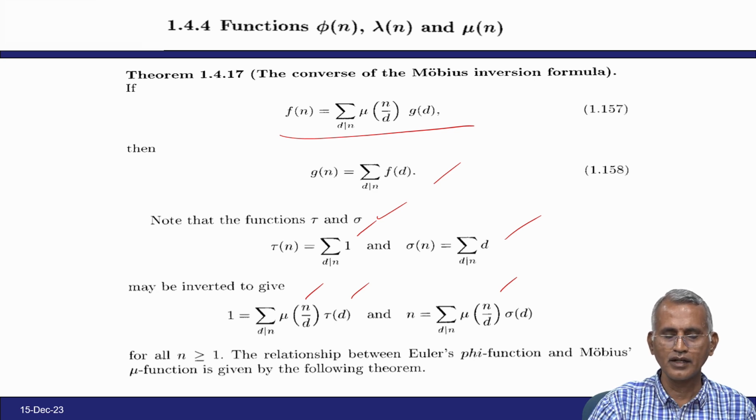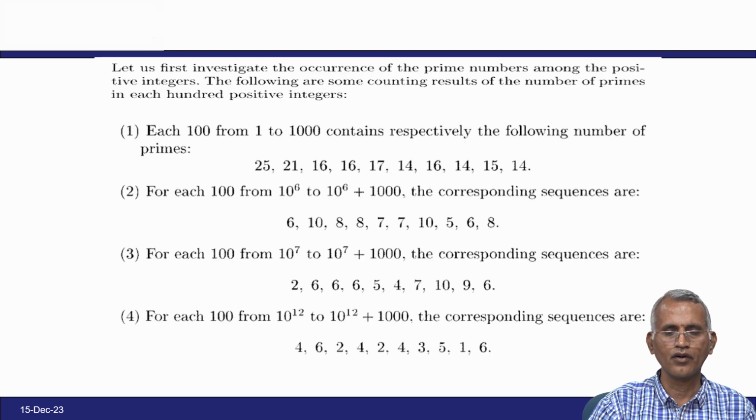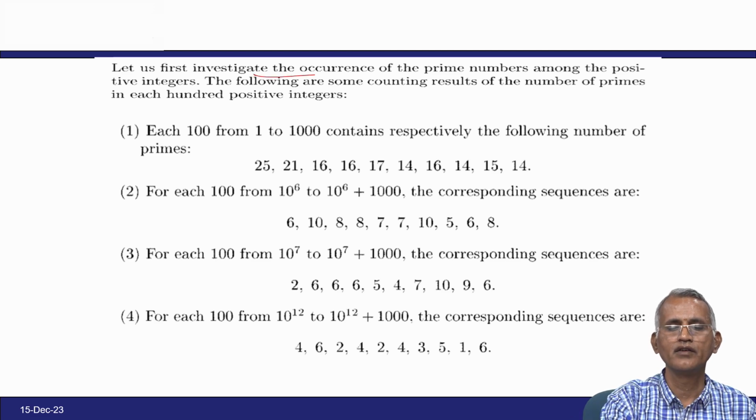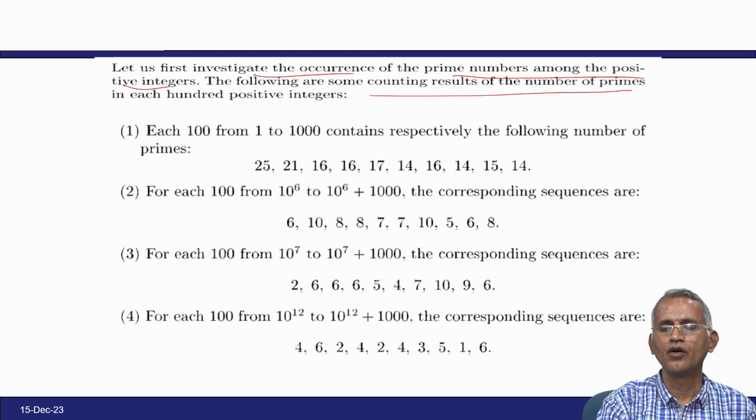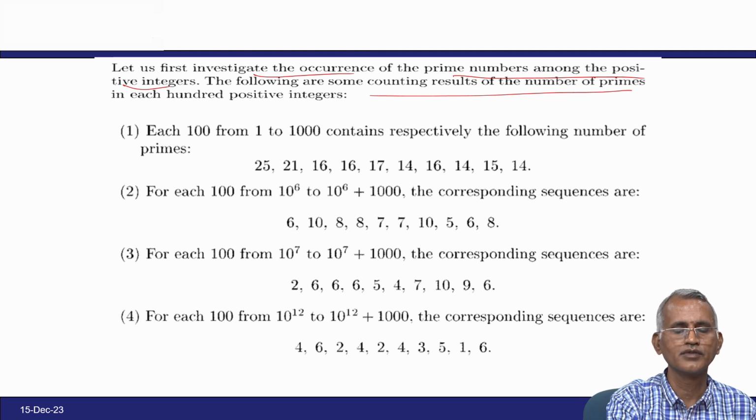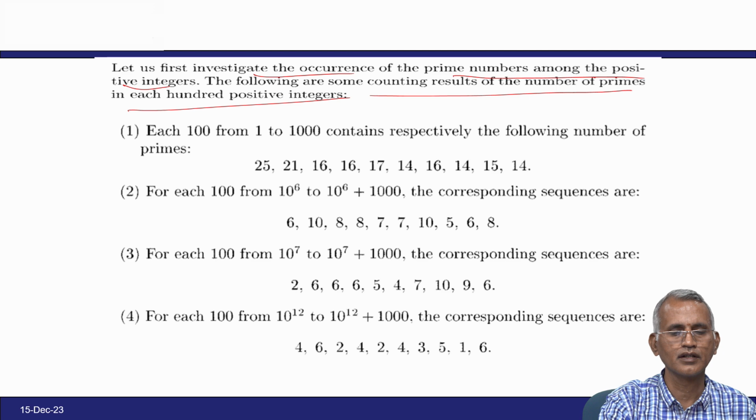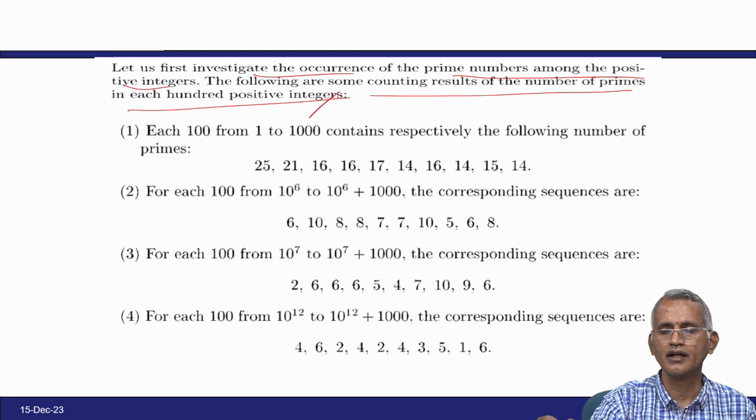Therefore, the relation between the Euler phi function and the Mobius function is given in the following, when n is greater than or equal to 1. So, based on this we have to investigate the occurrence of prime numbers among the positive integers. The following are some counting results of the number of primes. Each hundred positive integers from 1 to 1000 contain respectively the following numbers of primes.